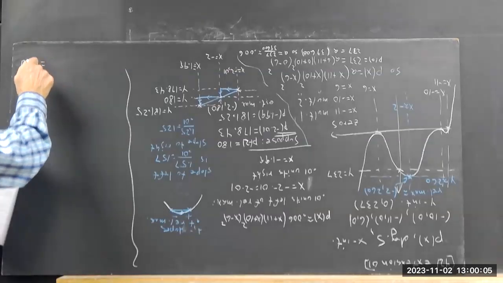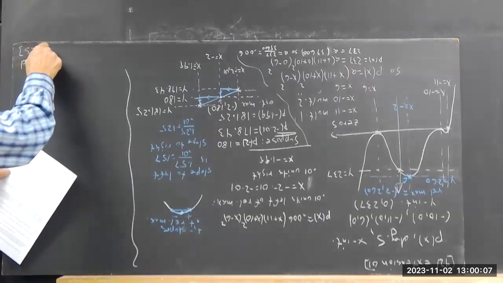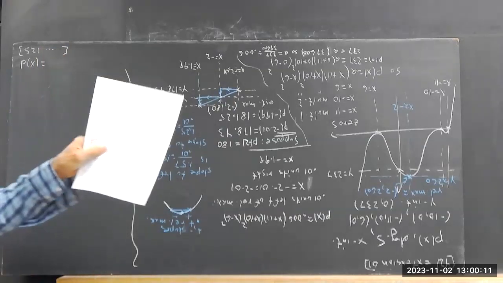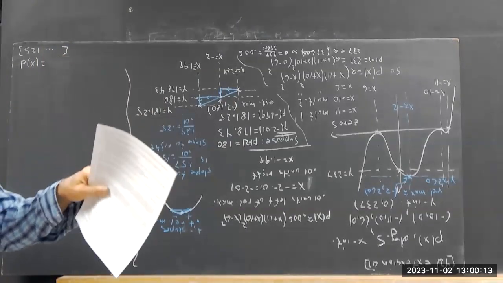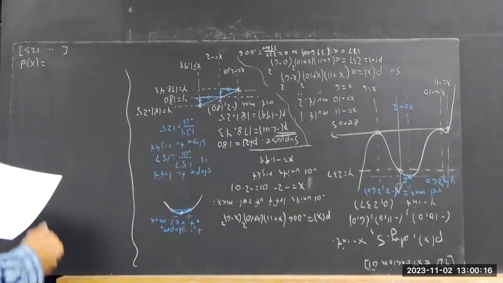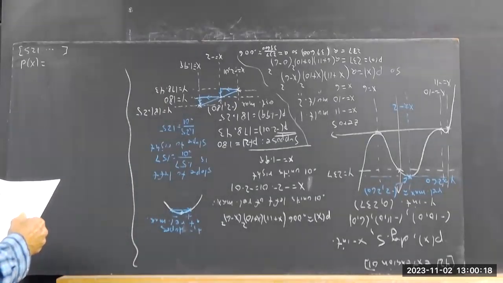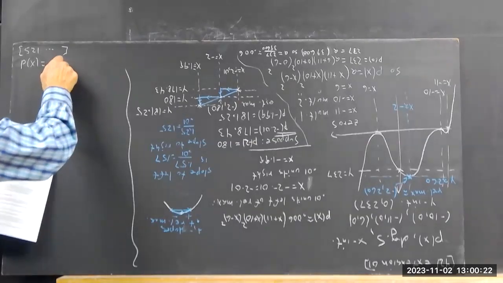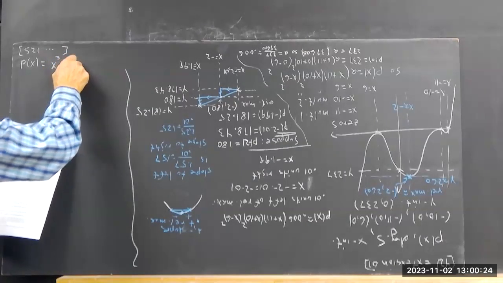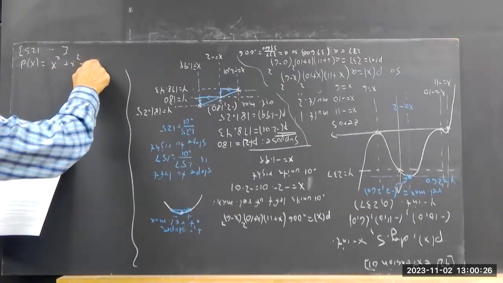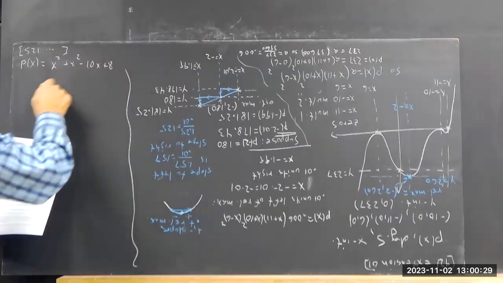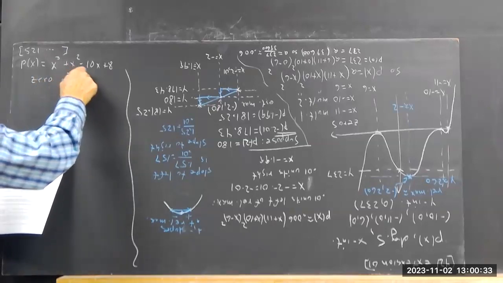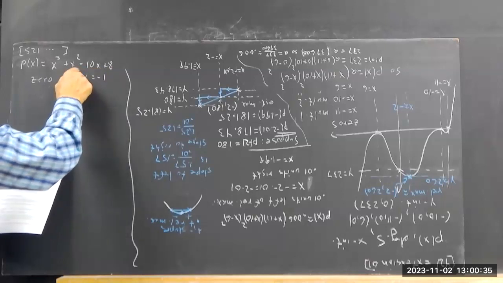And this would be the 521. So this is on version 96, the first version of the practice problems I sent you. Okay. This says P of X equals X cubed plus X squared minus 10X plus 8 has a 0 at X equals -1.